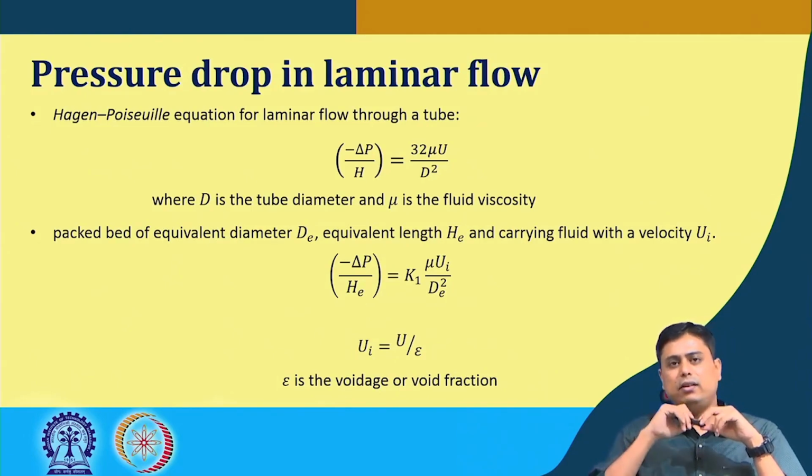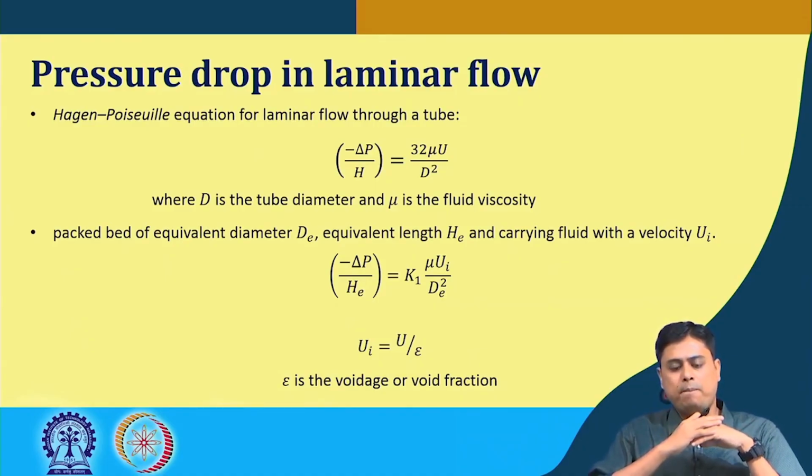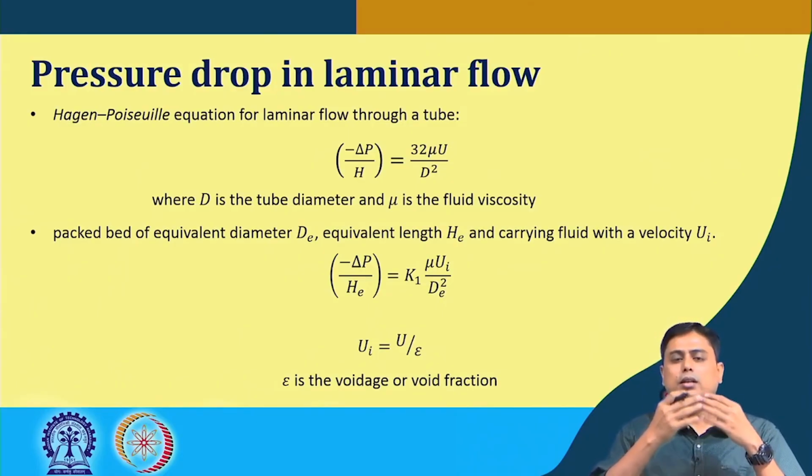This interstitial velocity is nothing but the superficial velocity divided by the voidage, or the void fraction, that is available for the flow. This voidage, let me define again, is the empty space in the bed divided by the total volume of the bed. It is a dimensionless number. It quantifies how much space is available for the flow.